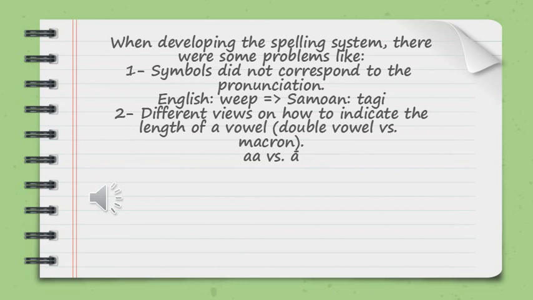The second one, different views on how to indicate the length of a vowel, double vowel versus macron. A recent problem in standardizing the spelling of Maori is the choice between a macron over the top of a vowel letter marking its length, for example, double vowel A versus A with macron.